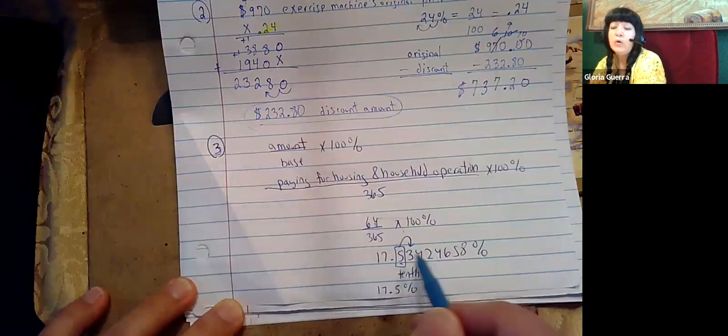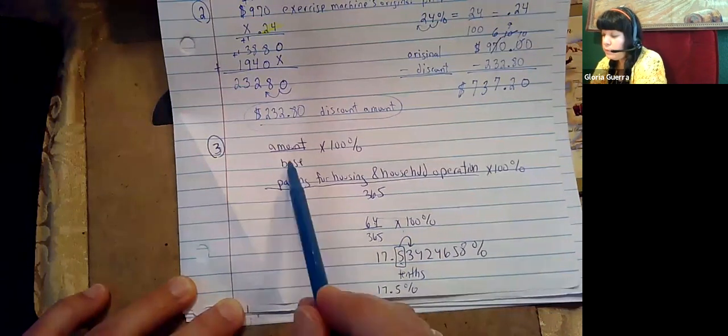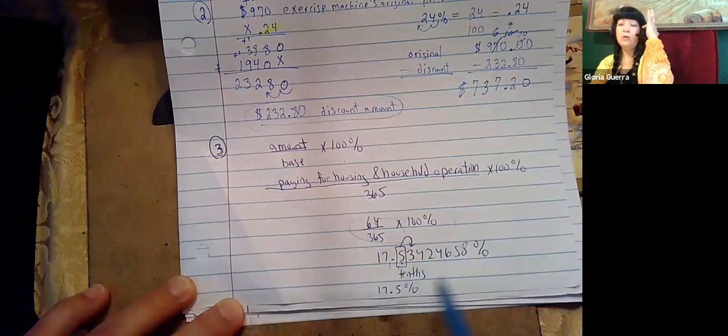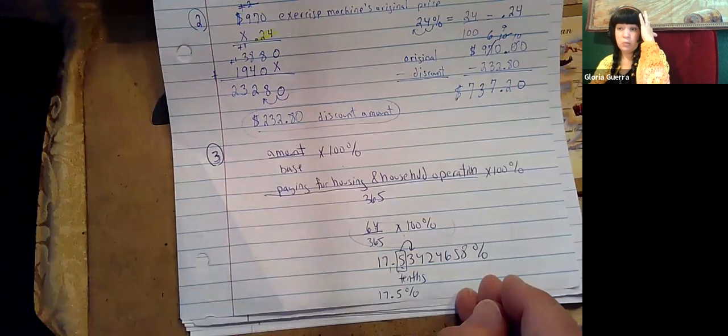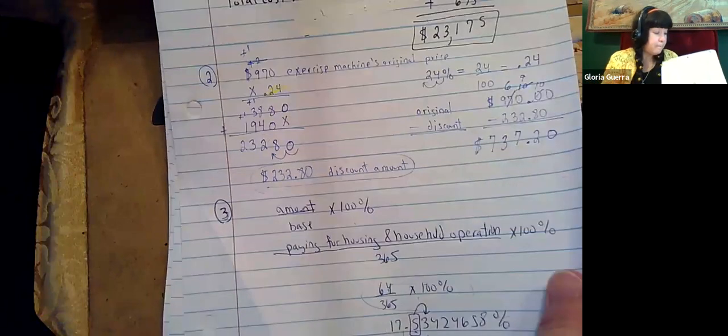I want your exact value on your paper, and then you go to your answer choice and select depending on what they're asking you to round to. Your teacher wants your formula, substitutions, exact value, and then on the computer you select the right answer. Okay, so that's number 3. Now let's go to number 4.